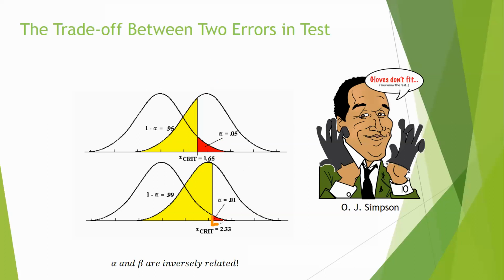Just like this, if you use a more stringent cutoff, you're going to increase your type 2 error and reduce the statistical power of your test. This is very important and a key point. In the future, when you decide your cutoff in your experiment, you need to think about the trade-off between type 1 and type 2 errors.